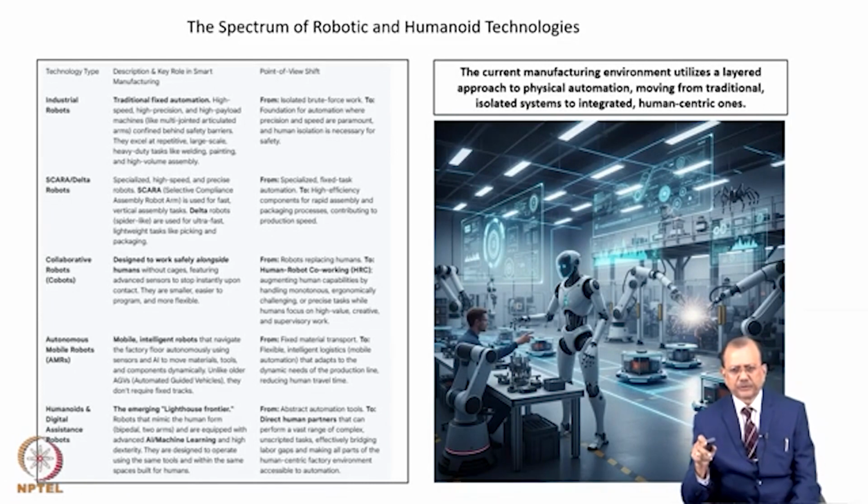I have shown here a big picture of the robotics and humanoid technologies, which we will explain in the third session. But for the sake of completeness, smart manufacturing today largely uses humanoids instead of robots. Ten years back we had very big use of robots.